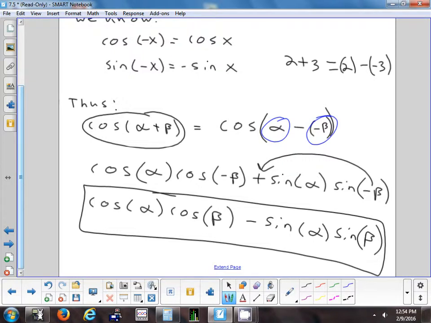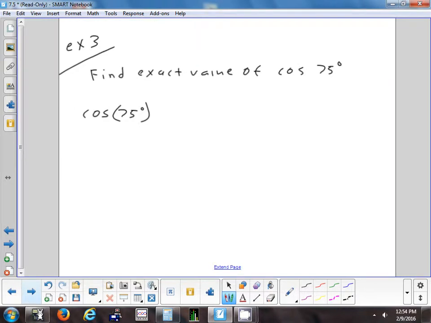Thinking of a number you can get with angles that are multiples of 30 and 45. 75. Yep. That's the one we're going to do. You might be able to think of a way to write 75 as a difference. If you could think of two angles that are multiples of 45 and 30, subtract one from the other.